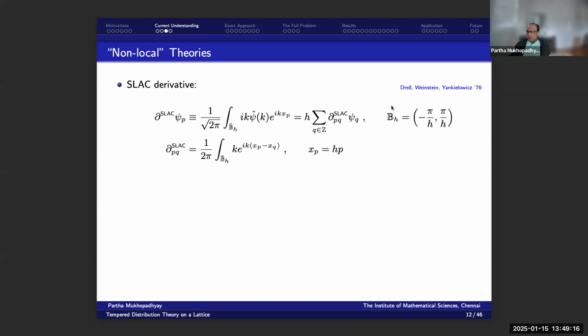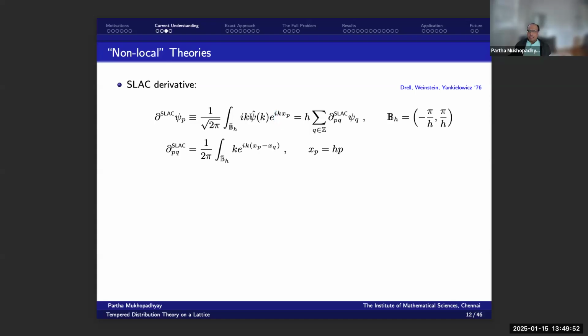That's what Drell, Weinstein and Yankielowicz tried in '76, writing down a non-local theory to get rid of the effects of the Nielsen-Ninomiya theorem. This is usually called the SLAC derivative. Here, ψ_p is the lattice field, and you take the Fourier transformation, where BZ is the first Brillouin zone. Then they say that this derivative is such that applying it on the Fourier mode on the lattice gives you the same result as in the continuum, therefore you get ik.